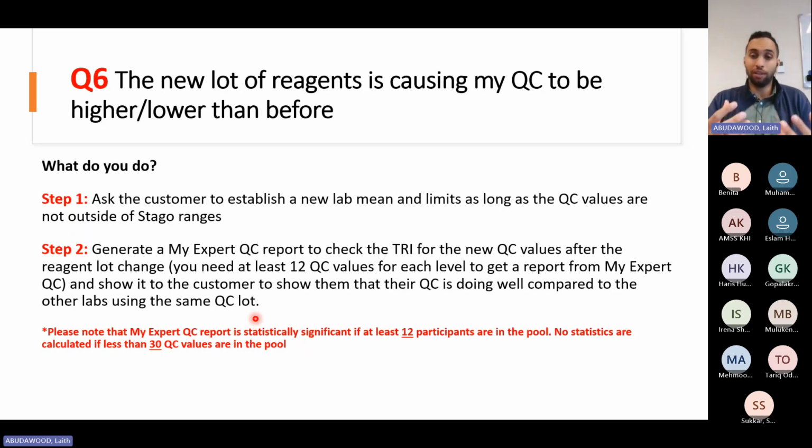We are using objective evidence that your analyzer and your reagents are performing well. So we are providing you with evidence that your patient is safe, your patient is not affected. If we are failing in any of these objective measures, then yes, we'd have to investigate ourselves, which is a different story altogether.